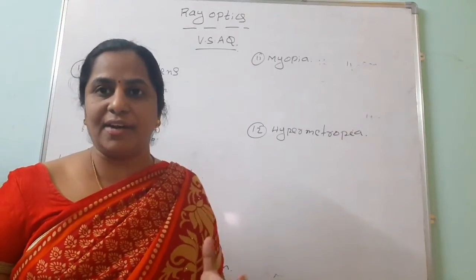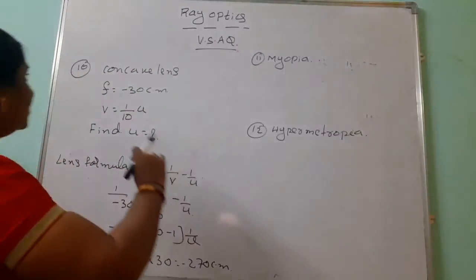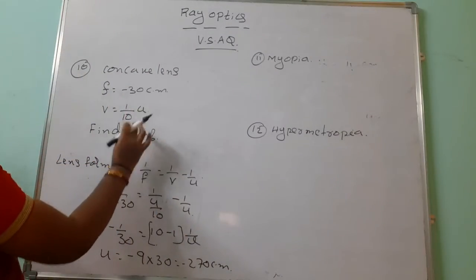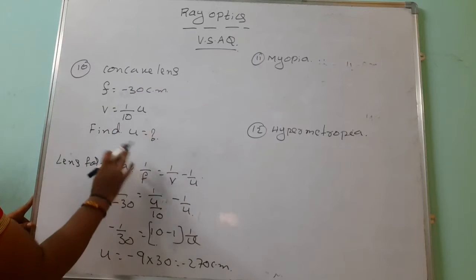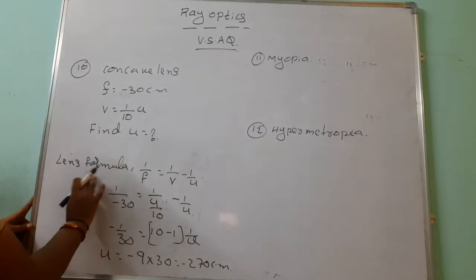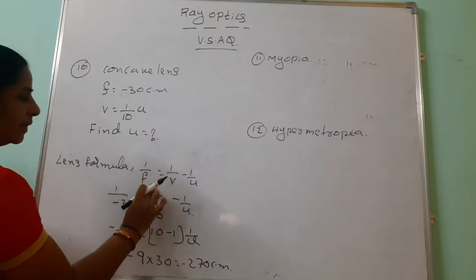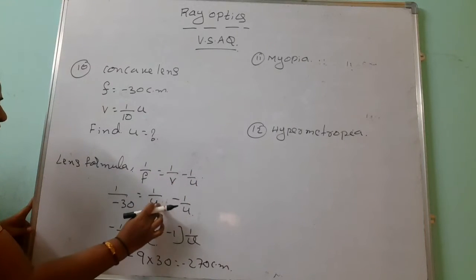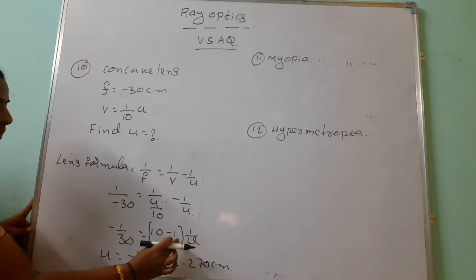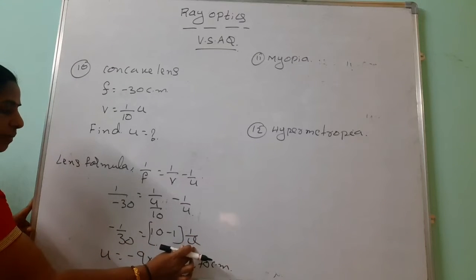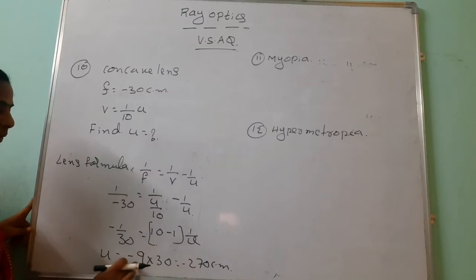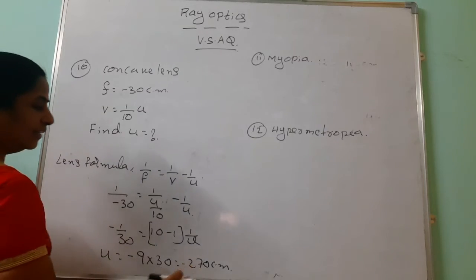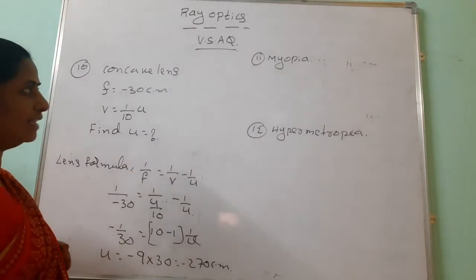Whenever they mention a concave lens, we take f equals minus 30 centimeters. Find the object distance. Here we can use the lens formula, 1 by f equals 1 by v minus 1 by u. Instead of v we take u by 10. After simplification, 10 minus 1 into 1 by u. We want u, so u equals minus 9 into 30, which equals minus 270 centimeters.